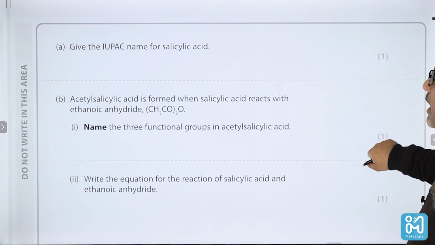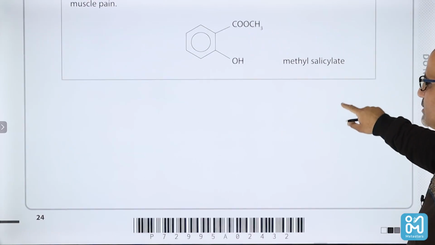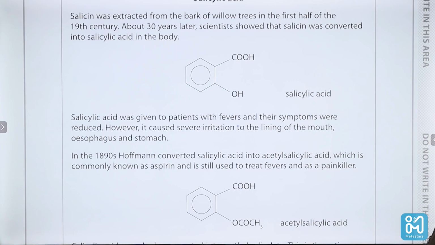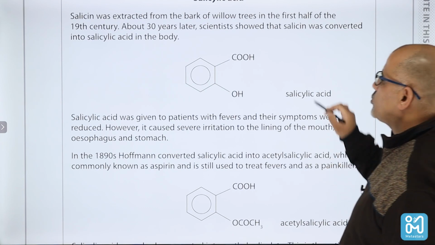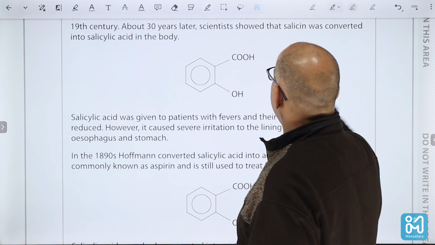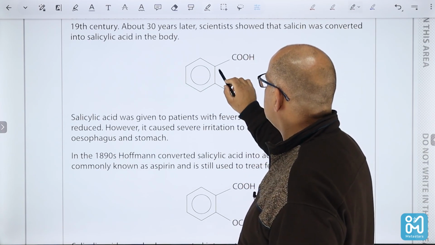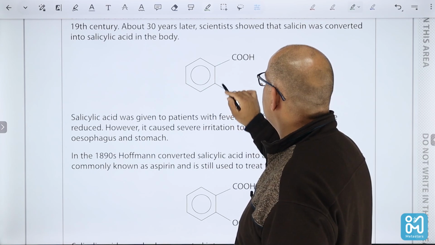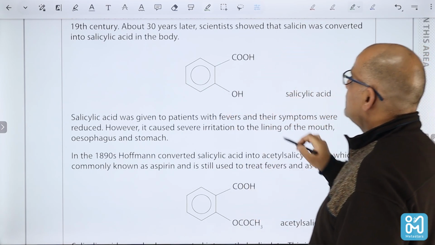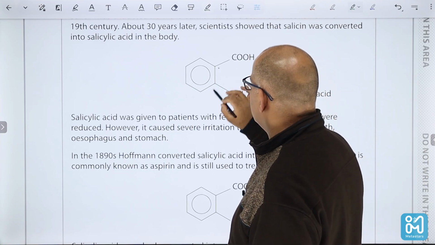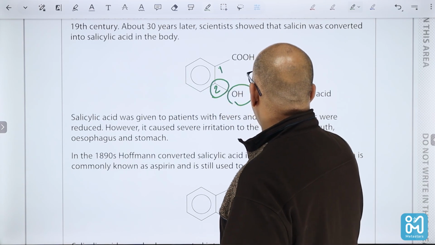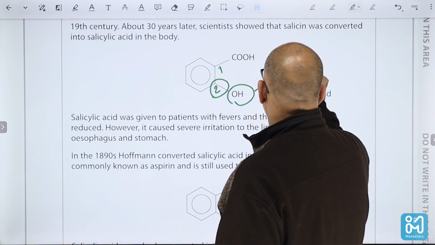Let us return to the salicylic acid formula or structure. What is the name of this structure? You can see that we can start numbering from this. So you will see it is benzoic acid, that's the benzoic acid, and that's number 2. So in position 2 we have a hydroxy group.